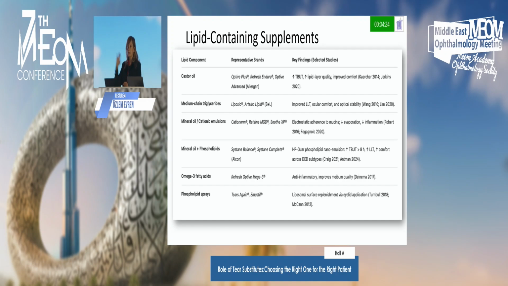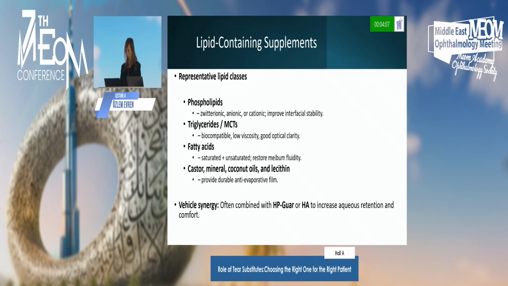So now we pass to the lipid-containing supplements. We have many lipid substitutes. They can be castor oil, triglycerides, omega-3 fatty acids, or phospholipids. You can see the different names over there, and they are used for the lipid deficiencies. Let's not go into the very details. Now, the phospholipids are very important.